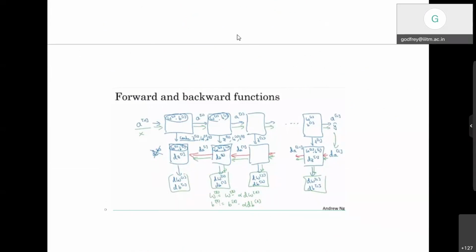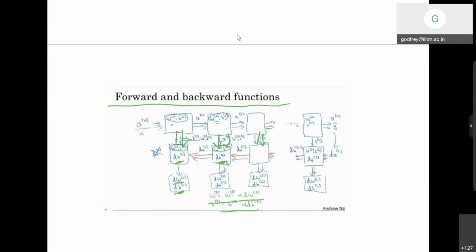In the forward propagation step, we compute the W's and B's as you go forward. In the backward propagation step, using these cached values that come from the forward propagation, you compute the derivatives: as you compute the dz and dA, you also compute dW and db, and subsequently you update these weights.